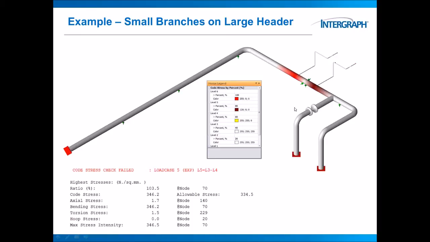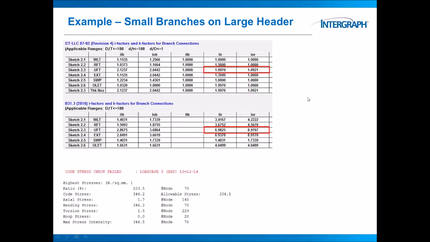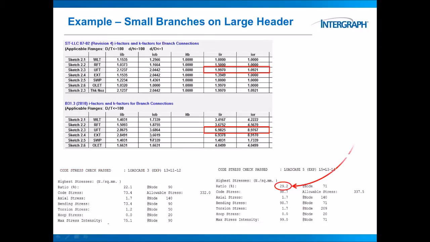Well, no, that's what is obviously silly. So we get a failure with the B31.3 SIFs, but if you include the 0702 SIFs, then everything is much more sensible, and it's much more closely aligned with not including the little branches at all.